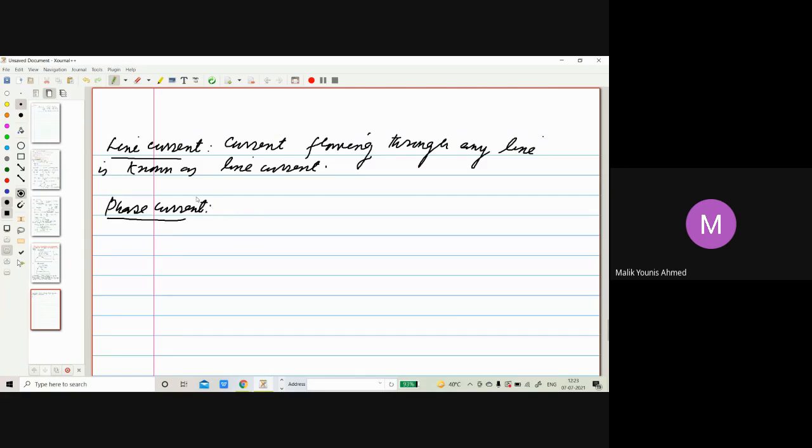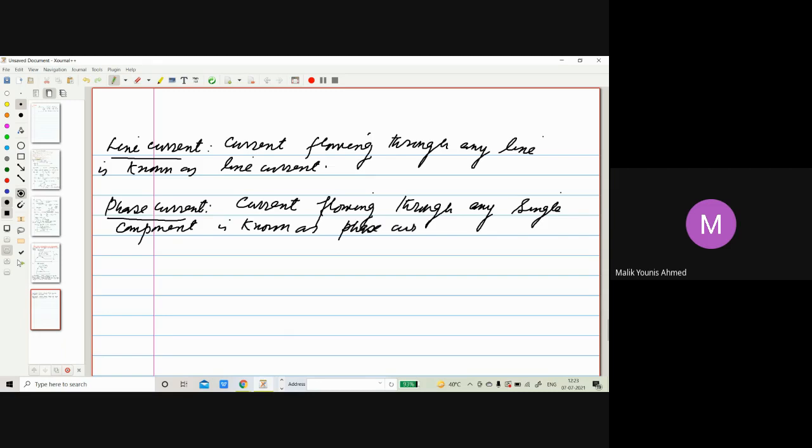Current flowing through any single component is known as phase current.